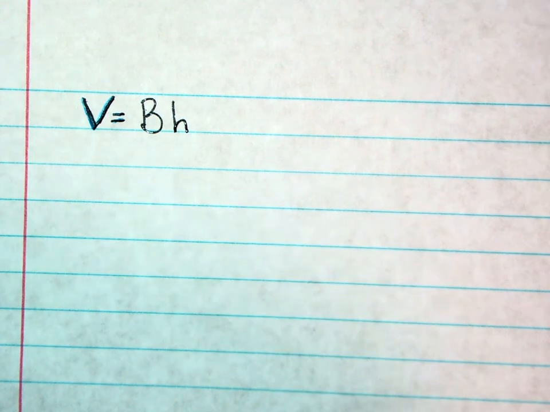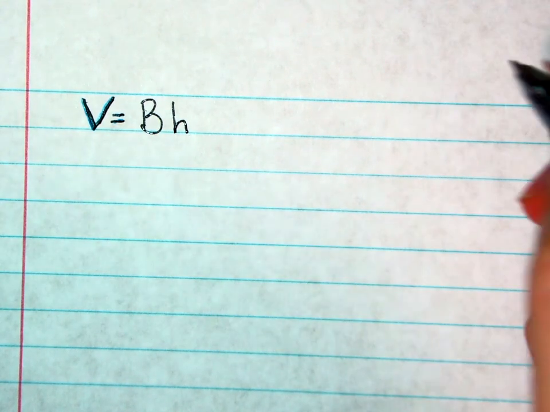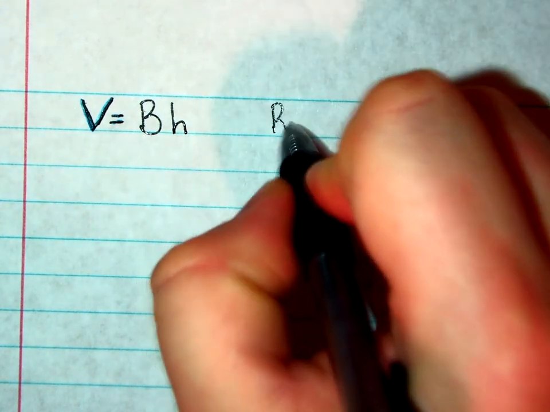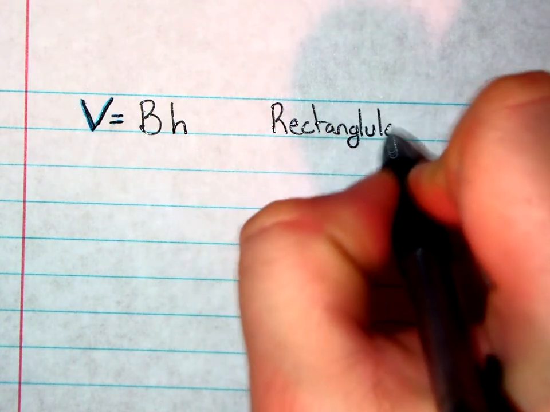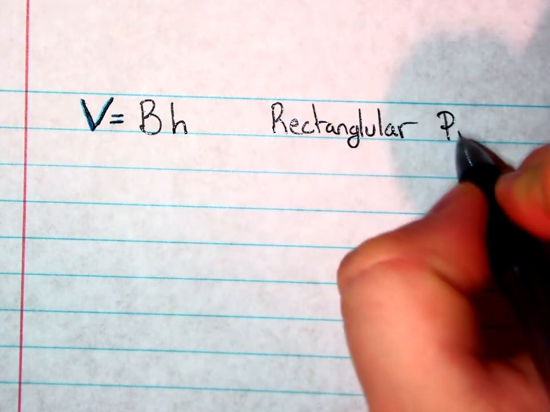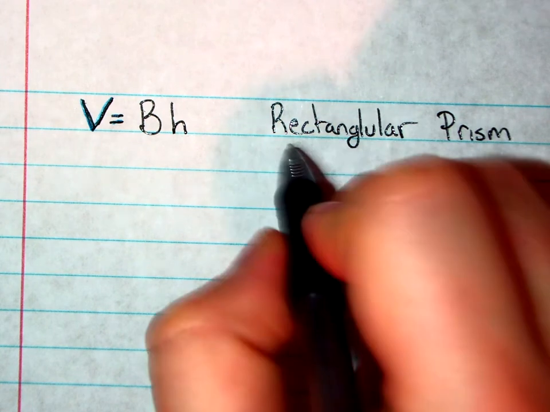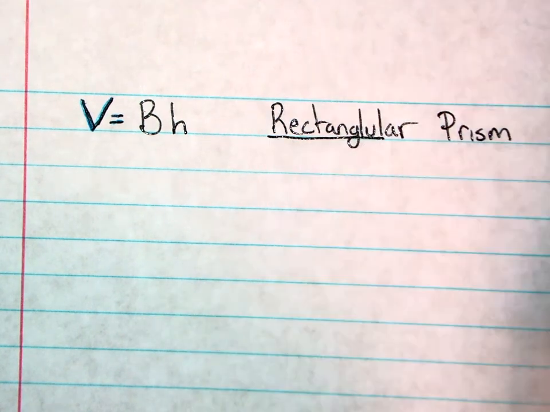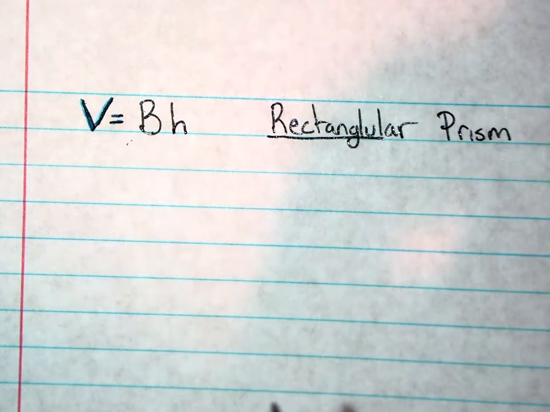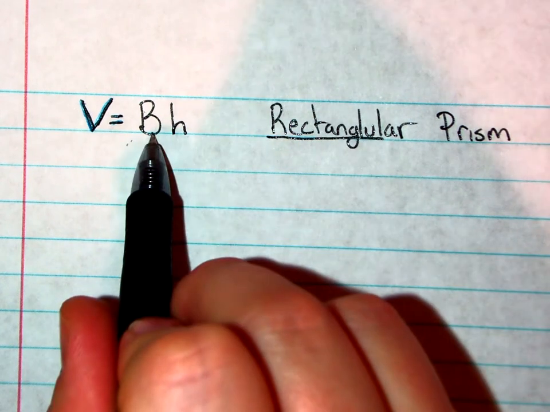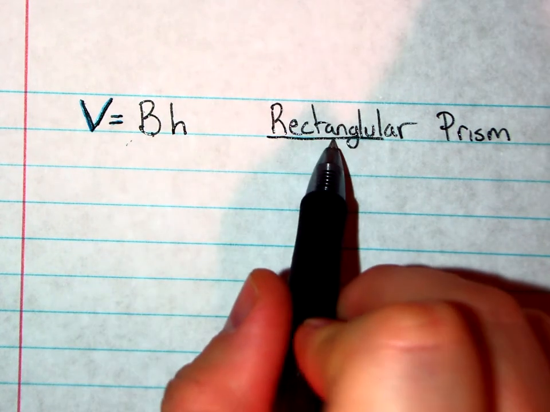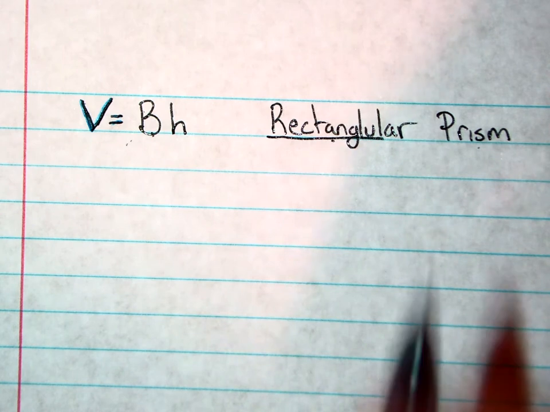The important thing for you to remember is that the rectangular prism has a rectangle base. So I need to first find the area of the base, which is a rectangle, and then multiply it by the height of the prism.